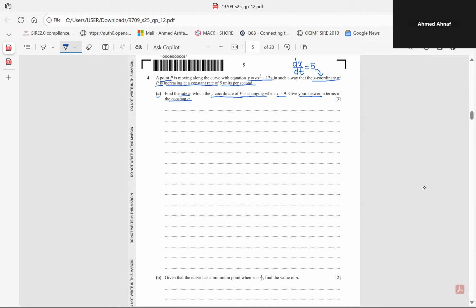So by this, we can understand they want us to find the rate of change of y with respect to time. So this would also just be dy/dt. So this is what we have to find when x equals 9. So let's write down all this information. So dx/dt equals 5, and we want to find out our dy/dt.